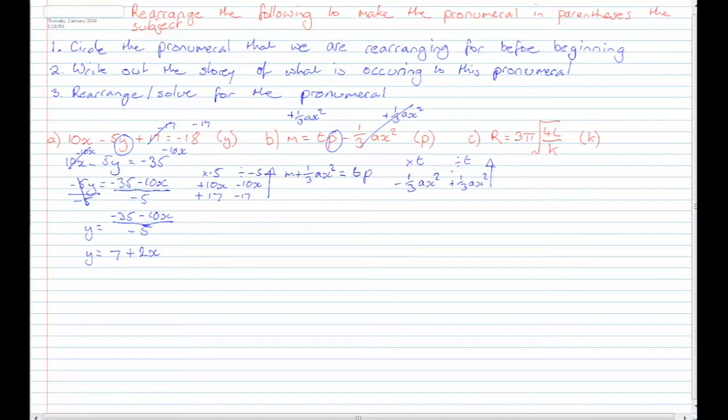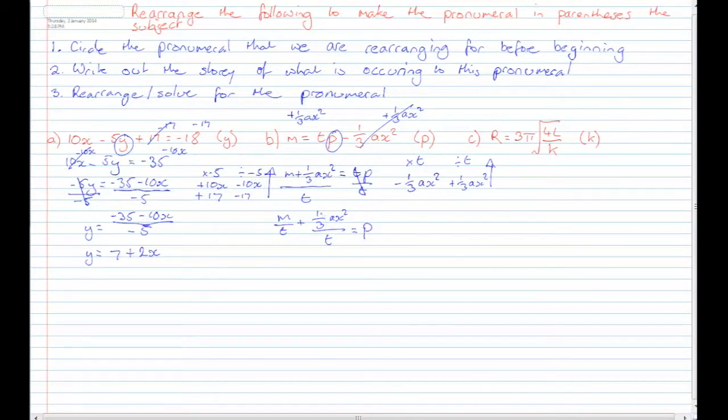Now all we need to do is divide both sides by t. This is where it gets a little bit interesting. So your t's cancel out here, and we're going to break this up into both. We're going to make m divided by t and this one here divided by t. So you've got m over t, just like that, and we've got plus 1/3 ax squared divided by t is equal to p.